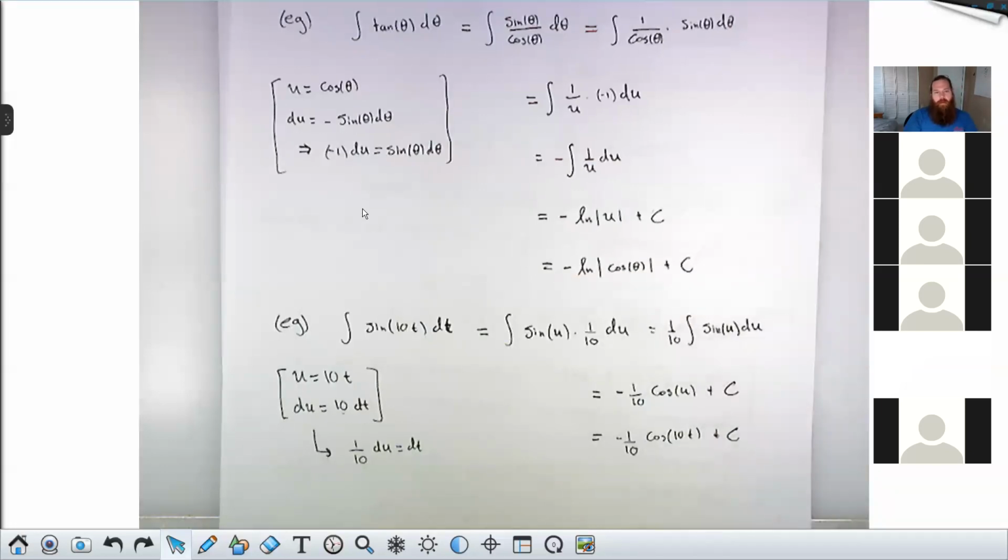And all the integrals that kind of look like this, sine or cosine of some number times t or some number times x, they're all done this way. So like cosine of 50x, you would substitute u equals 50x.